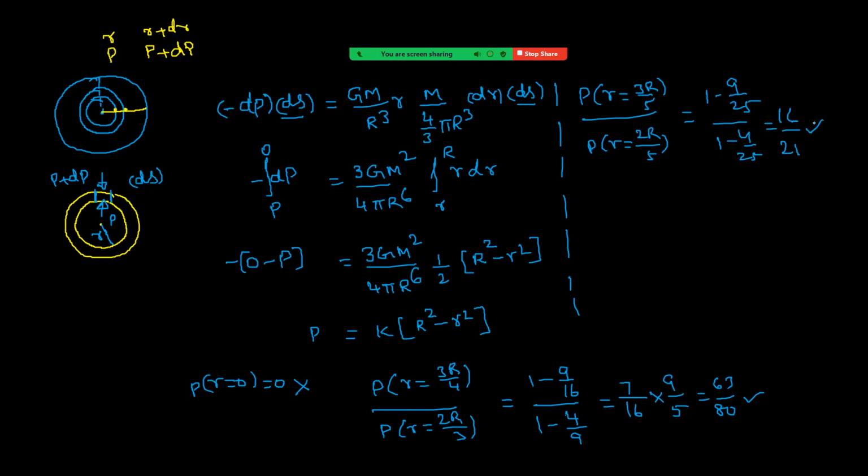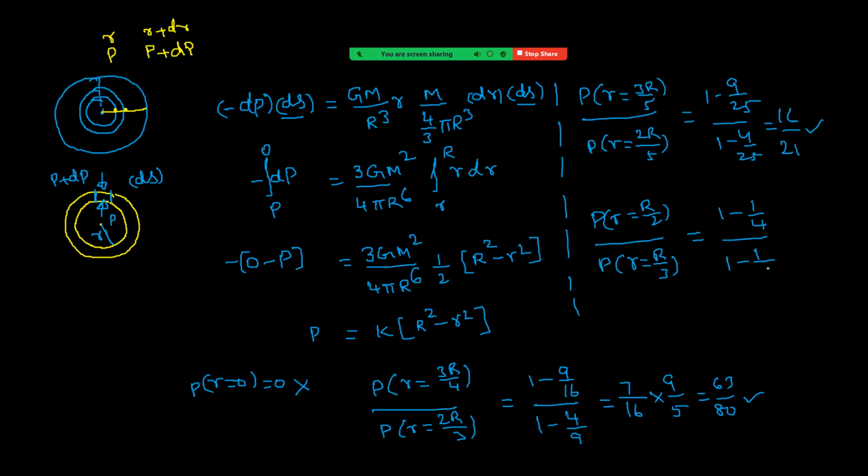And next we can say option D, right? Option D also we can verify. So let us verify option D also. Option D. P value when r equal to r by 2 and P value when r is r by 3. Okay. So 1 minus 1 by 4. Okay.